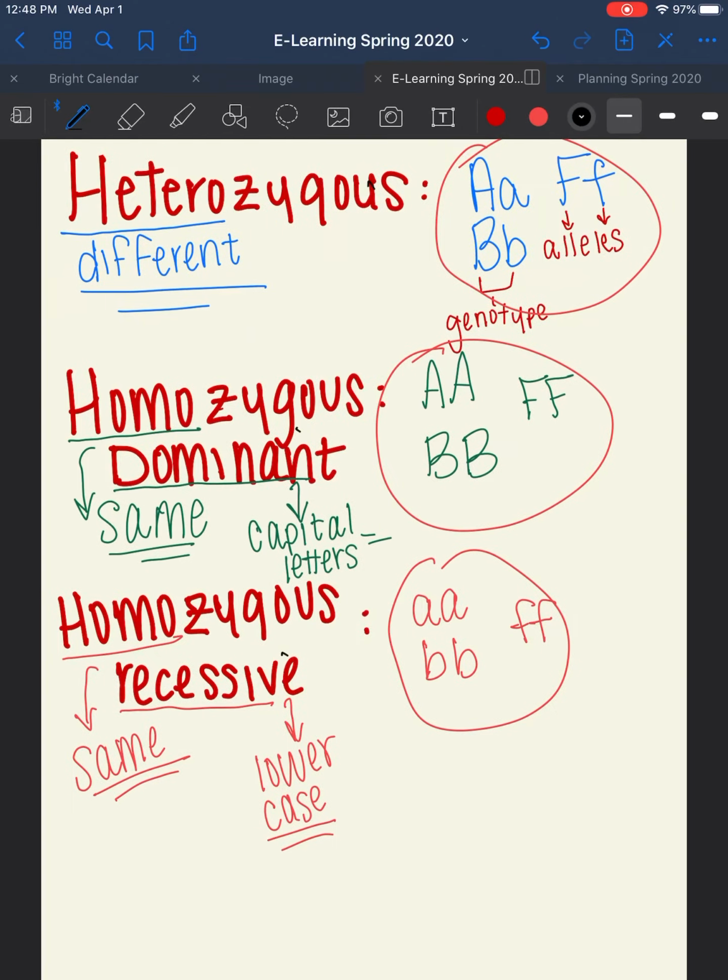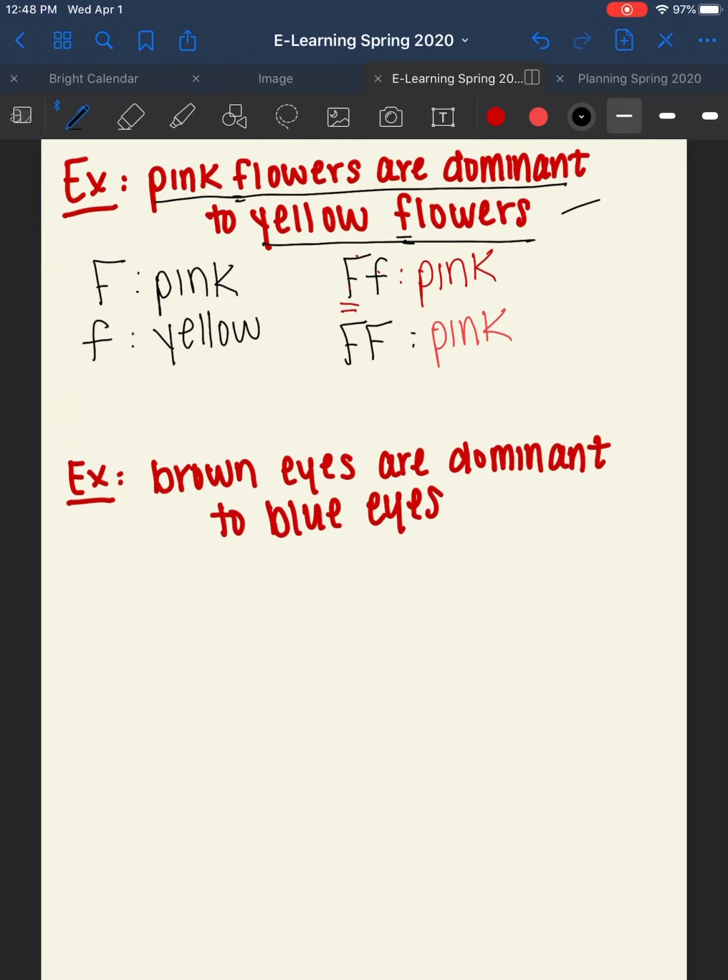Okay. And the last scenario, your homozygous recessive. So in this case, recessive, again, lowercase letter. So homozygous recessive is going to be little f, little f. Since they are both recessive, they are both little, that means the trait that is going to be expressed is going to be your yellow flowers.